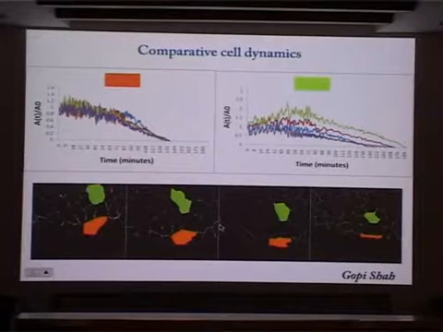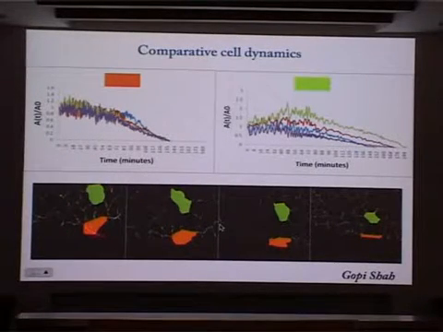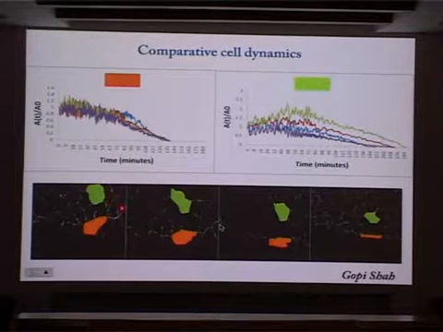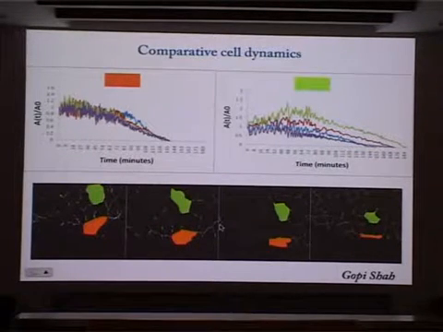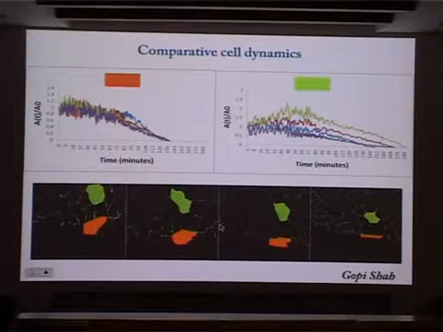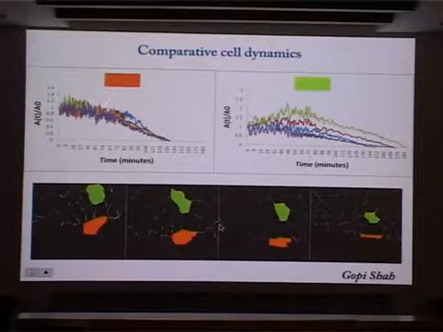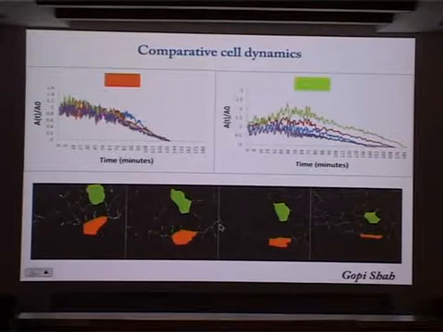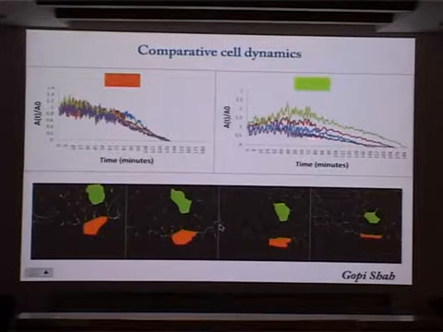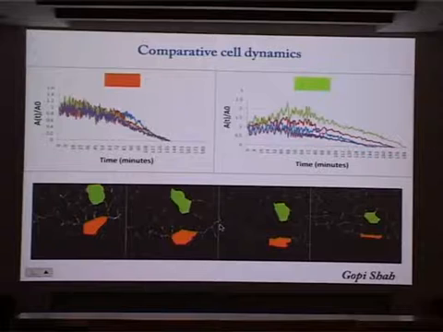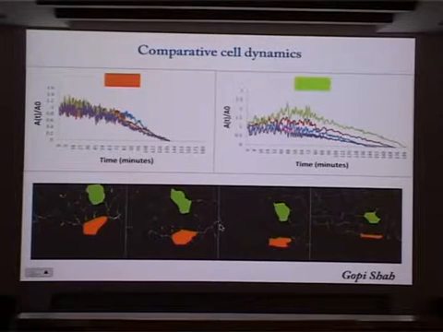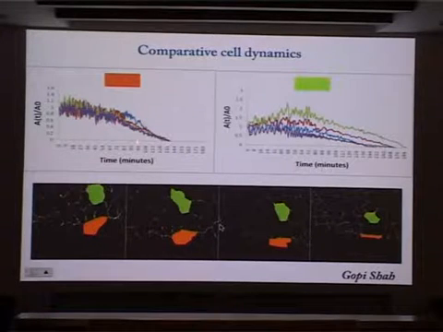And if you compare the dynamics, now we're comparing the dynamics of these orange cells with the green cells. If you just look at the behavior of the orange cells, these are multiple tracks of multiple orange cells. This is how they behave. If you look at the green cells, this is how they behave. And one obvious conclusion one can make from this is that there's something synchronous about the way these cells behave.